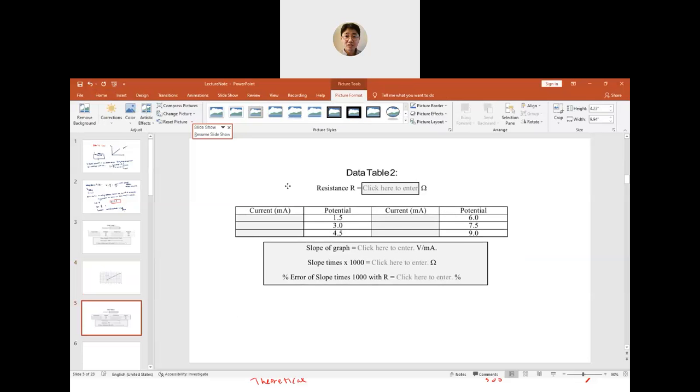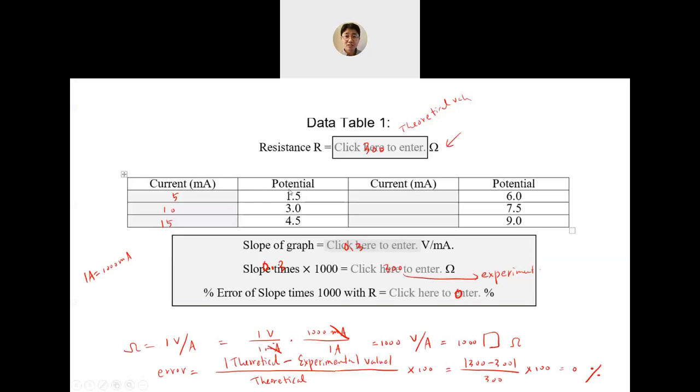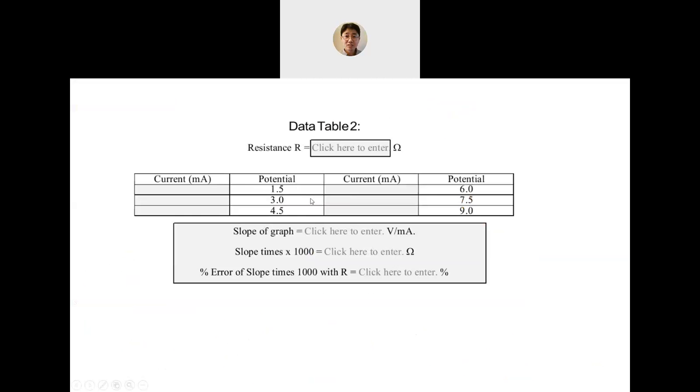Table 2, data table 2, that is 600 ohm. We have to set 600 ohm. That we have the current. Voltage is also the same, similarly change 1.5, 3, 4.5.